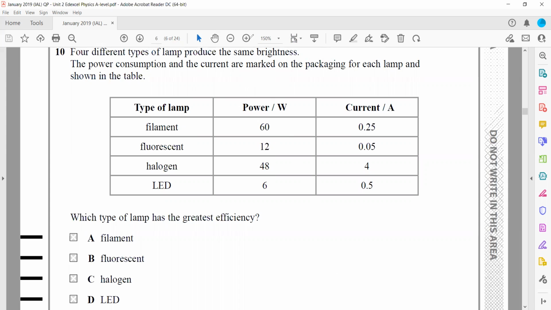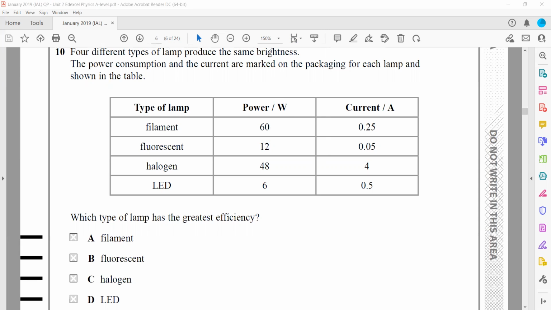Efficiency is the useful power output divided by total power input multiplied by 100. So these are the powers. To get the useful power, we have to work out the voltage for the supply.